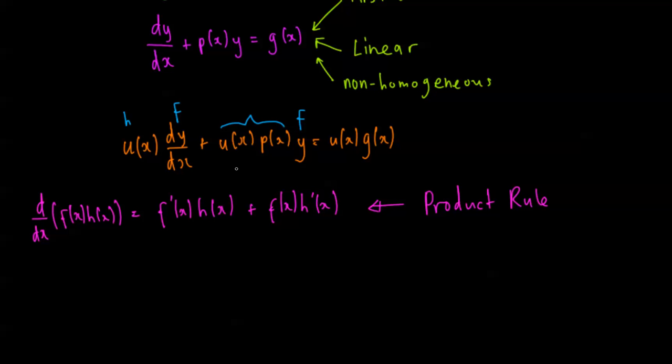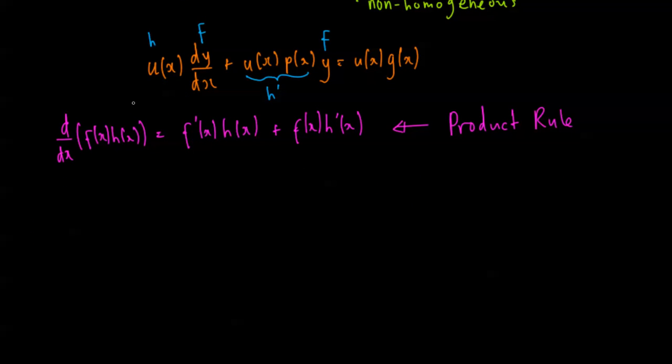So that whole thing will be equal to h dash. Therefore my h is equal to u of x, my h dash is equal to u of x times p of x, and my f is equal to y, and my f dash is equal to dy/dx.